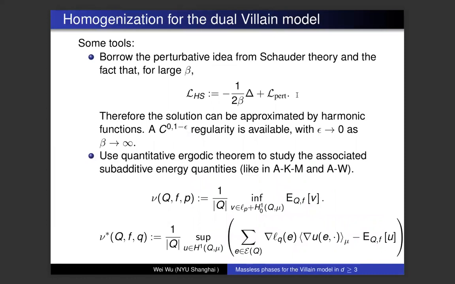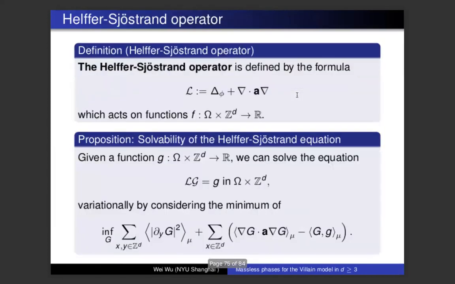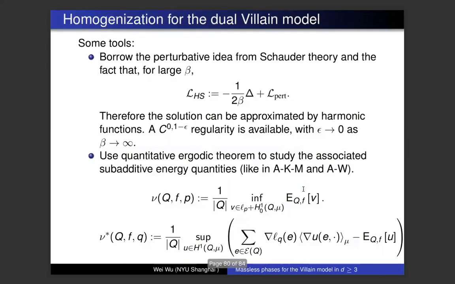Okay, and then we follow, building on this approach by Armstrong, Kuusi, and Mourrat, because we have mentioned that there is this close connection between the solution and the minimizer of the energy. So we can just look at the corresponding energy and the dual form.